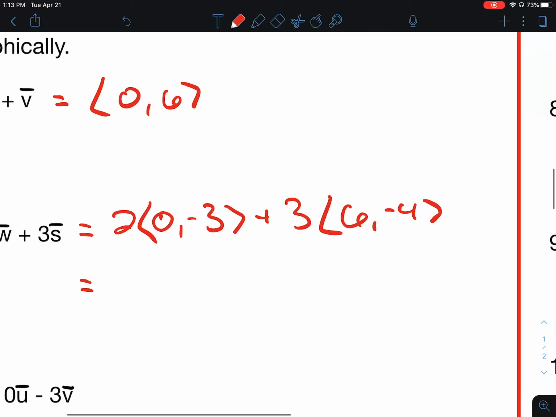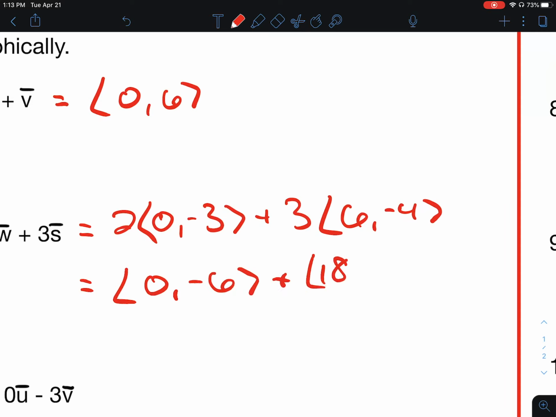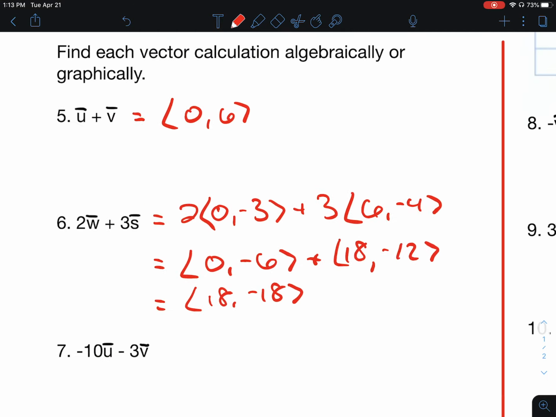So that's going to be 2 times 0, which is 0. 3 times 2 times negative 3 is negative 6. 3 times 6 is 18. 3 times negative 4 is negative 12. And if I add the x components together, I'm going to get 18. If I add the y components together, I'm going to get negative 18.